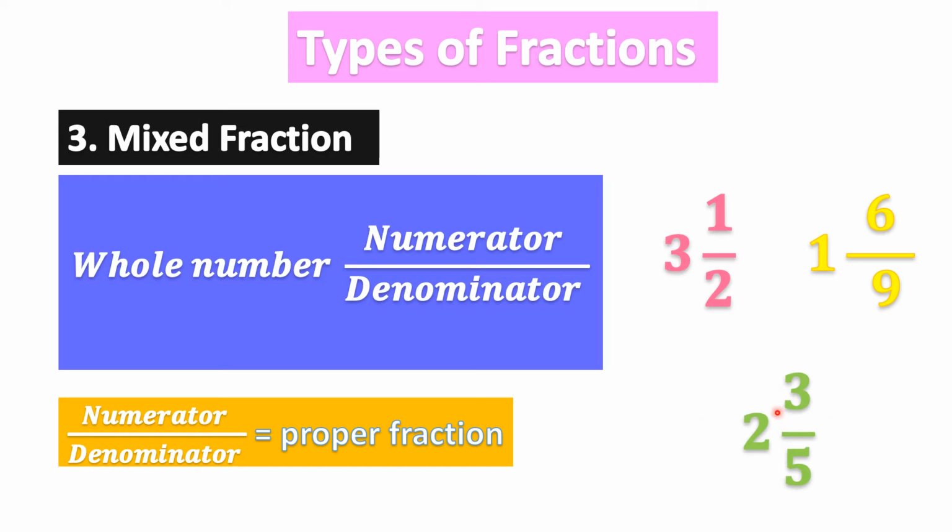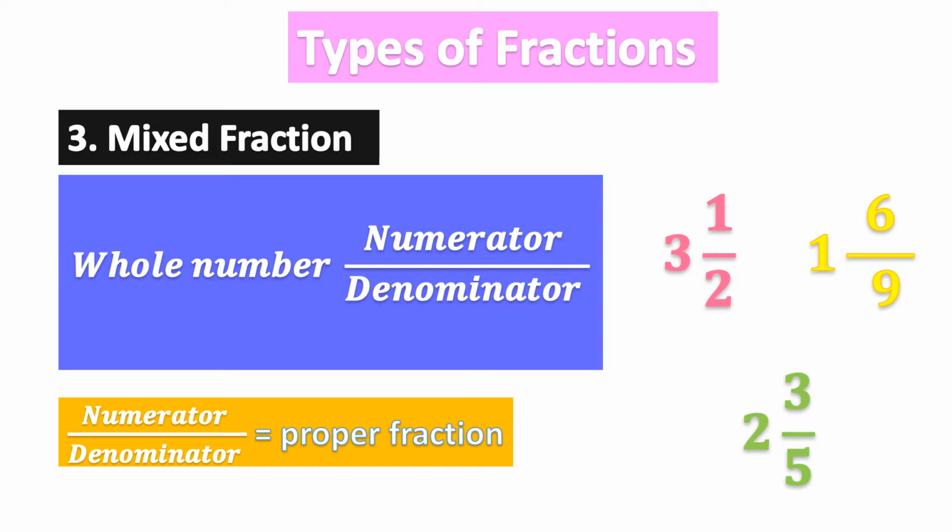So 2 is the whole number, 3 the numerator, 5 the denominator, and 3 by 5 is a proper fraction because 3 is less than 5. So 2, 3 by 5 is a mixed fraction, right? So these are all examples of mixed fraction, okay? There should be a whole number, a numerator, and a denominator, and this fraction part should be a proper fraction, right?